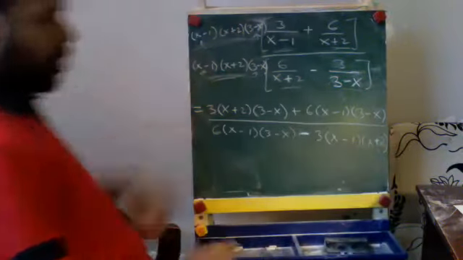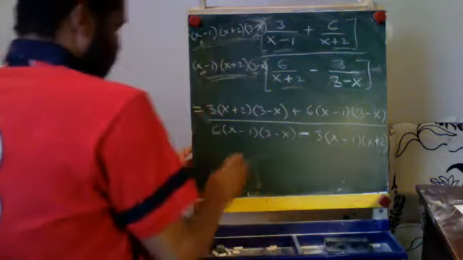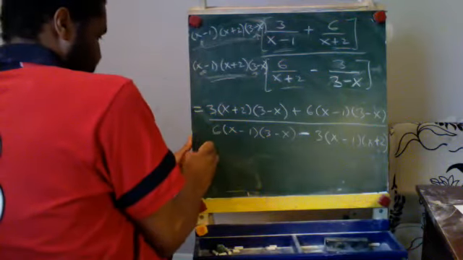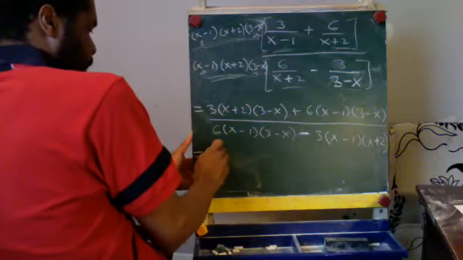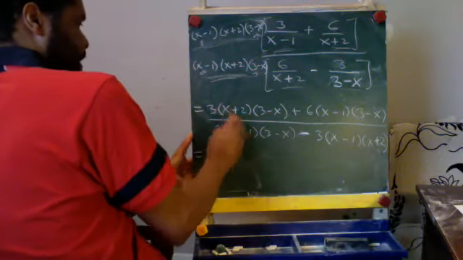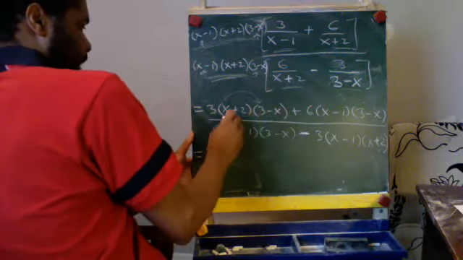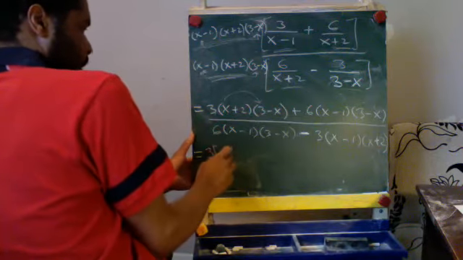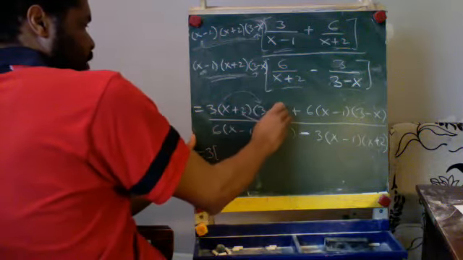Good. So here we go. And so what I'm going to do now is expand. I'm not going to multiply by the outside, I'm just going to expand using the FOIL method. So x times 3 is going to be 3x. And watch what I'm doing carefully now.